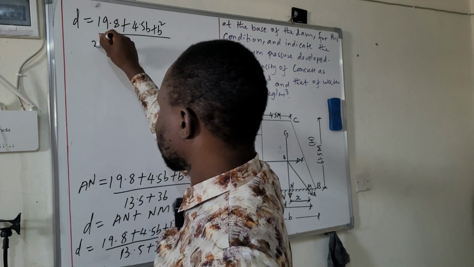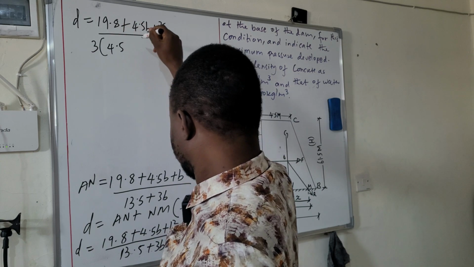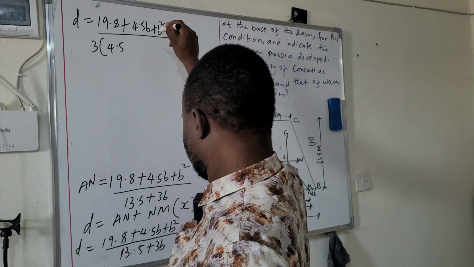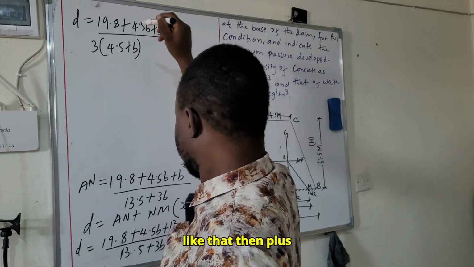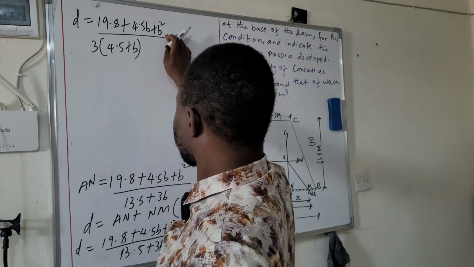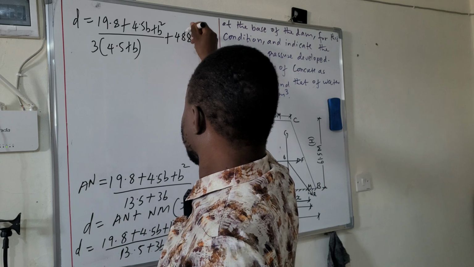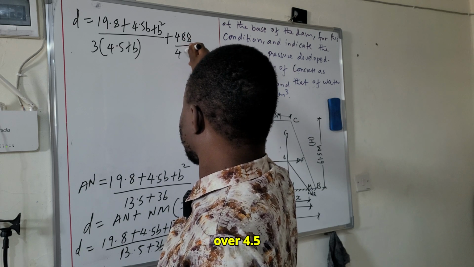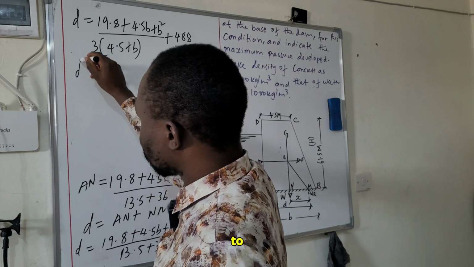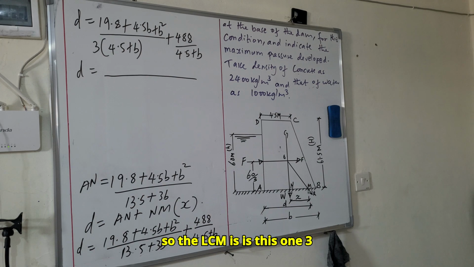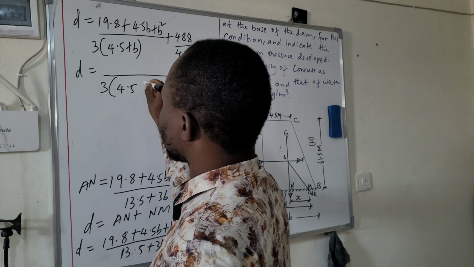We will have 3 into bracket 4.5 plus B, like that. Then plus this one, 488 over 4.5 plus B. So D is equal to, so the LCM is this one, 3 into bracket 4.5 plus B.